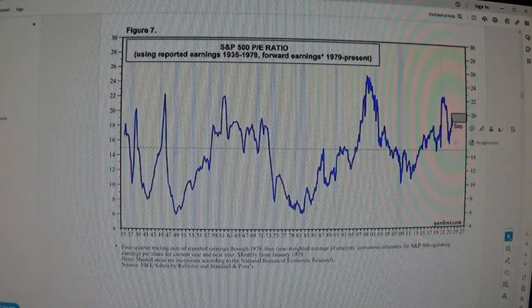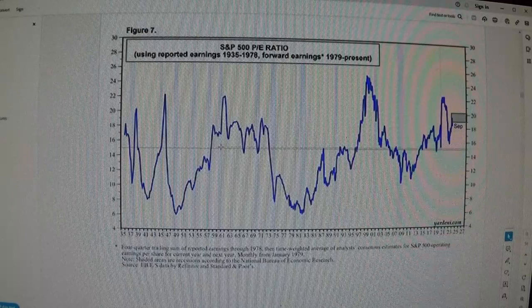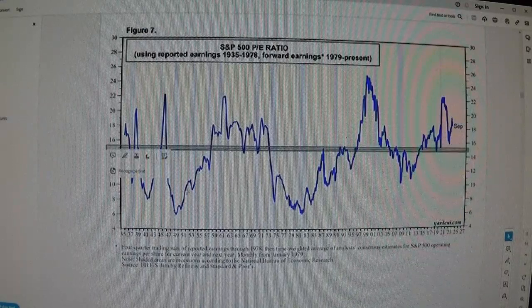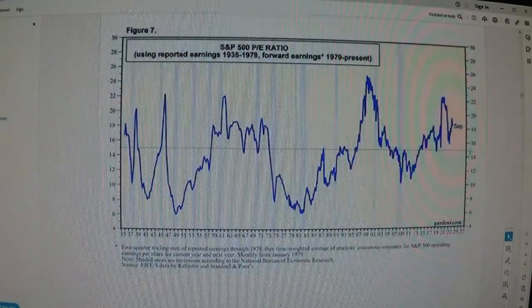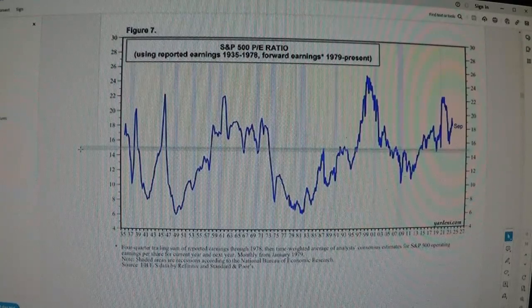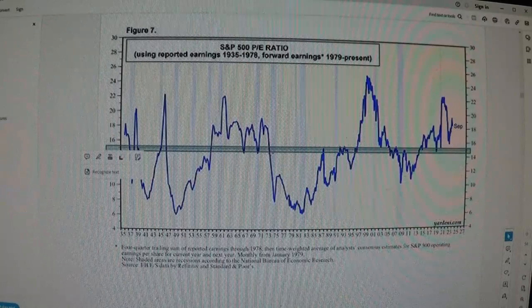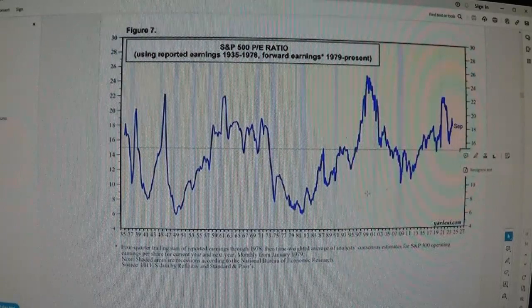The reason this is so important is that the stock market and everything in investing basically revolves around reversion to the mean. The average PE for the stock market is 15, and you can see that the stock market goes up and down and eventually corrects towards that PE of 15.